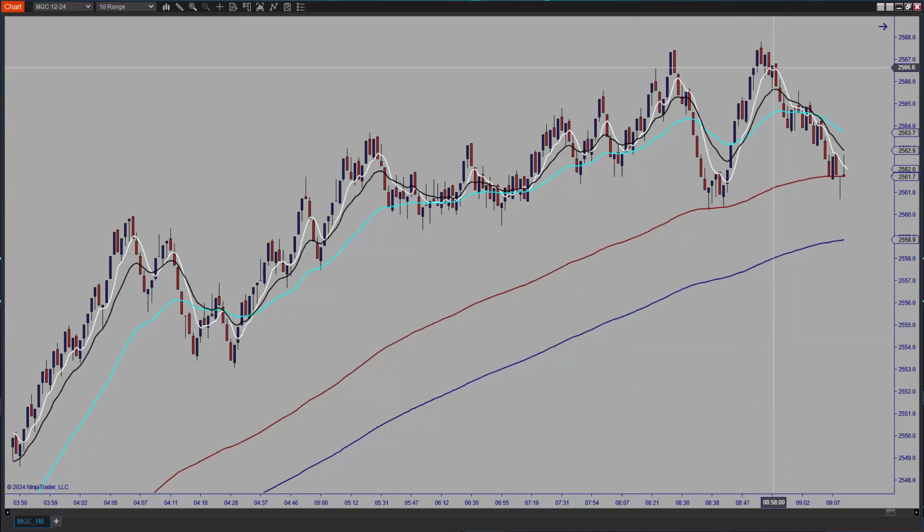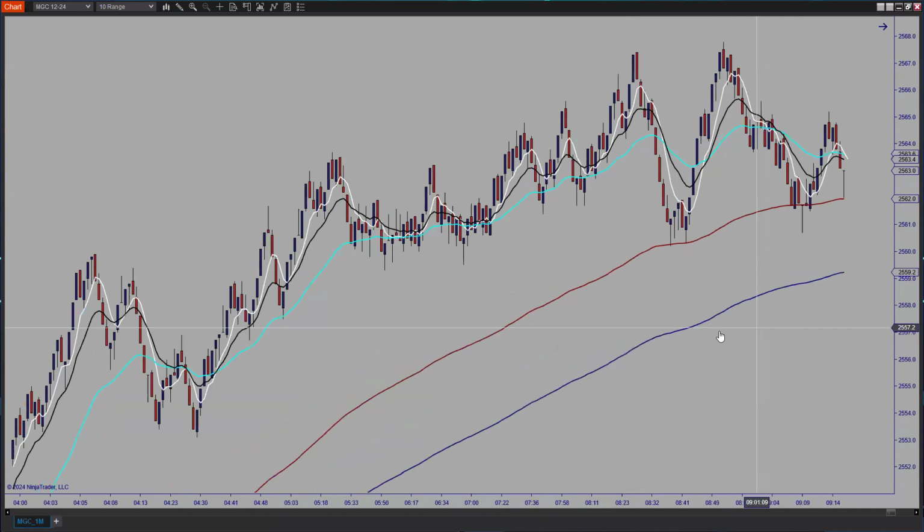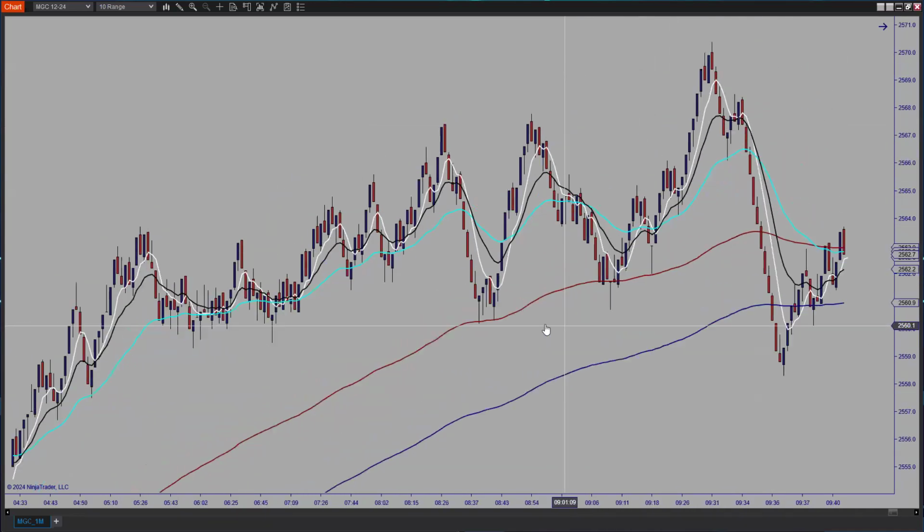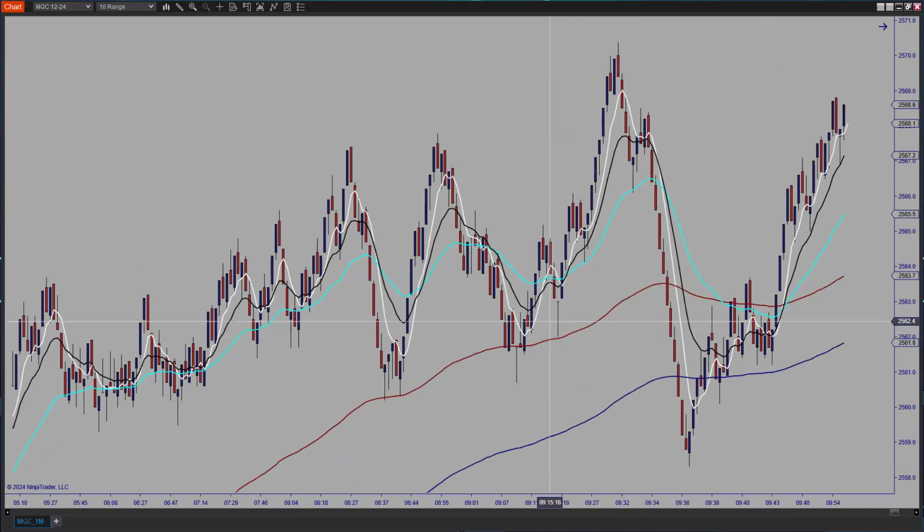This was a trend trade, but obviously way too high up there. So no trade on that one. Barely made a higher high here. So technically, this would have been a valid trend trade here. Not the prettiest thing I ever saw, but it worked.